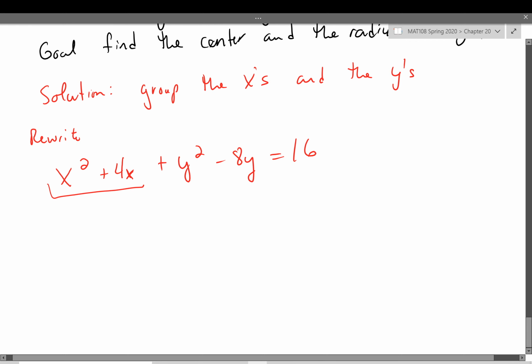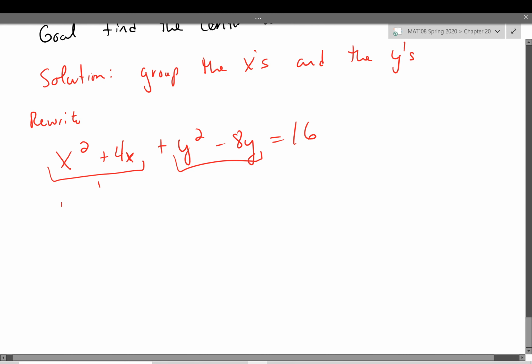So notice here, I have the x's and the y's grouped together, okay? Now, what I need to do is complete the square for the x's, and I have to complete the square for the y values. So in other words, I have to complete the square twice, okay?